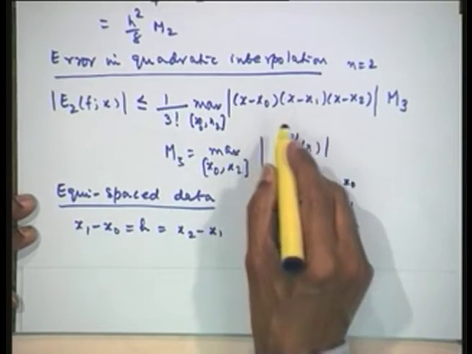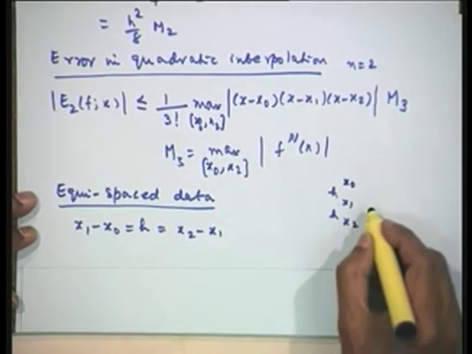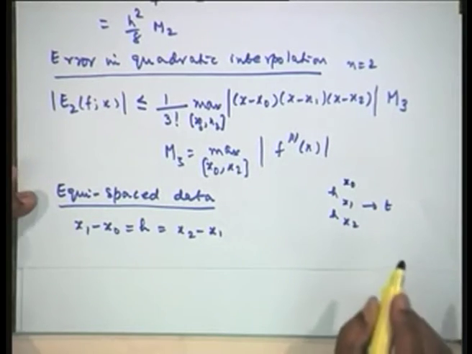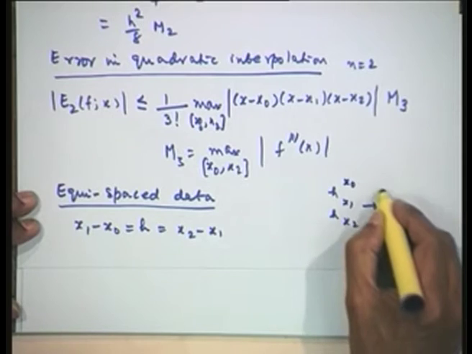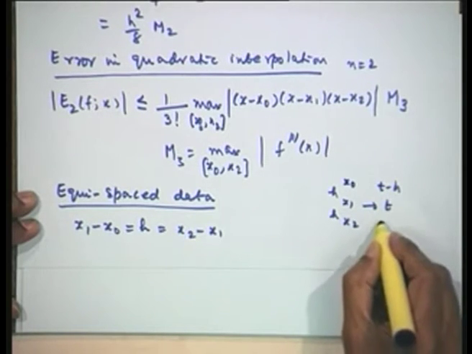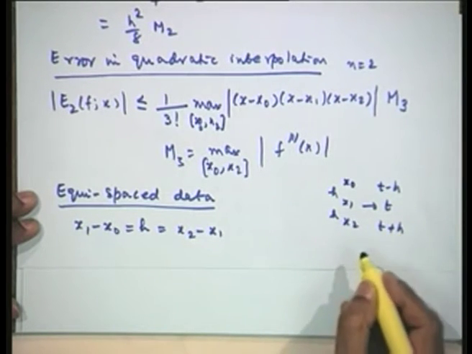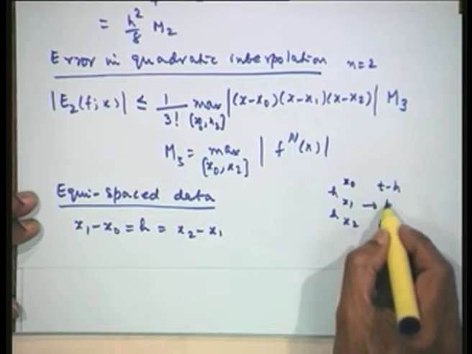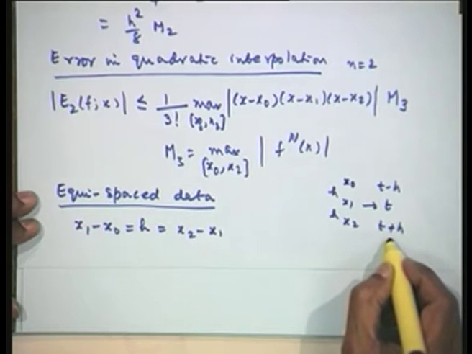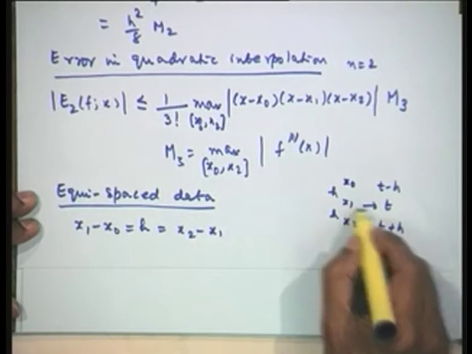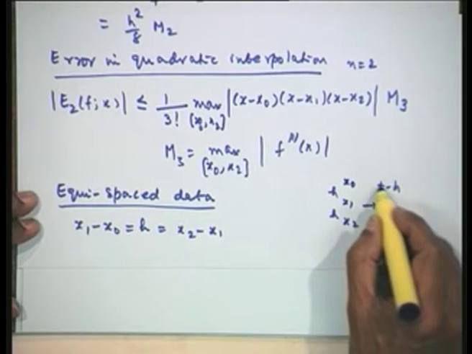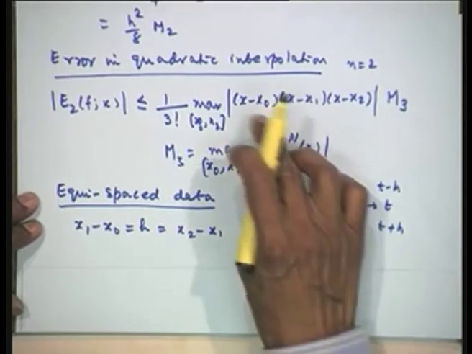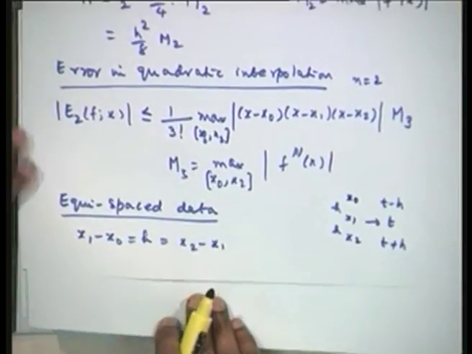We shall use a simple trick to find this maximum. Let us take this middle point as my origin, some value t. Then the point behind is t minus h, and the point ahead is t plus h, because they are all equispaced. Then this expression becomes very simple.